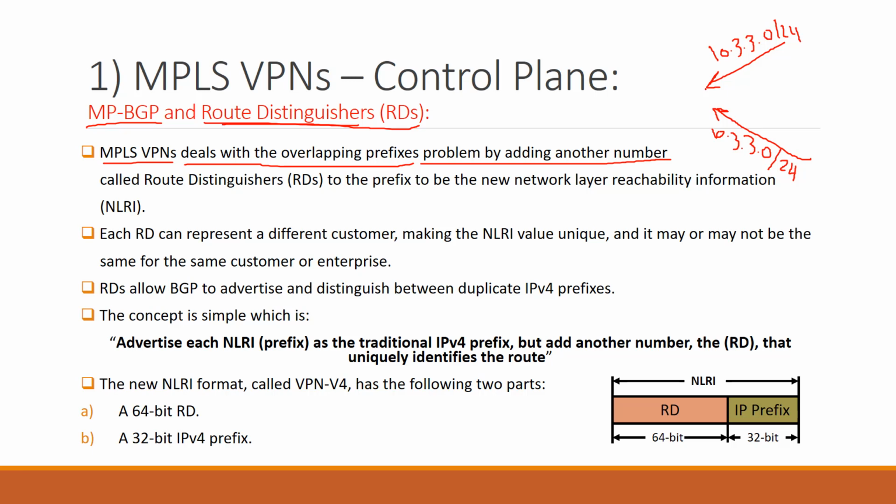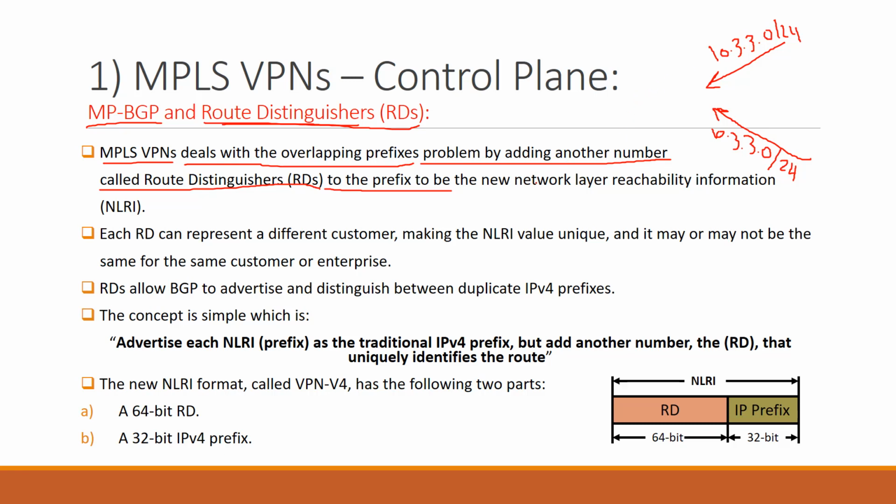So here we will use the route distinguishers. What is the purpose of the route distinguisher? It is a number called the route distinguisher, added to the prefix to differentiate it and make this prefix unique.